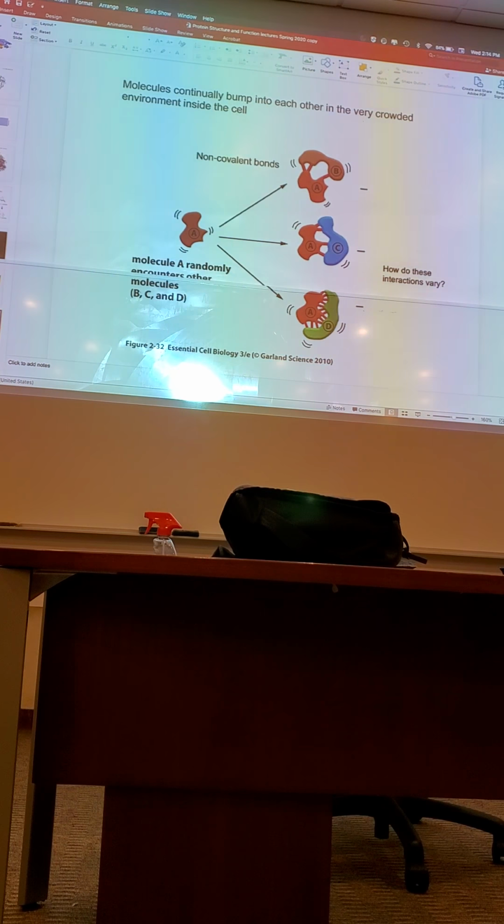So our bodies are about 37 degrees centigrade, 96, 97, 98 degrees Fahrenheit, pretty warm. Molecules are moving around. And as a result, they're bumping into other molecules.